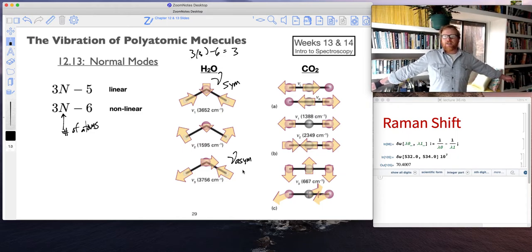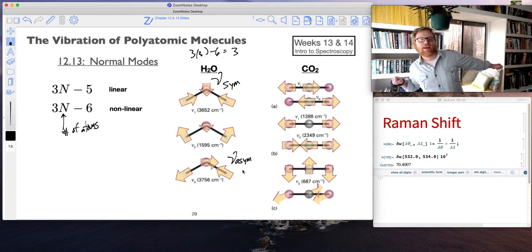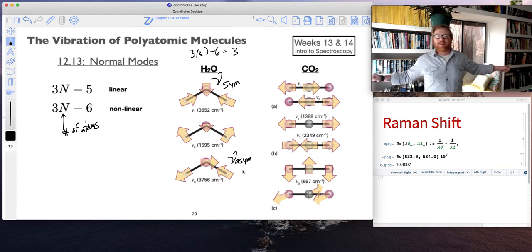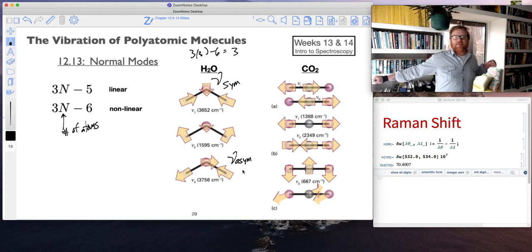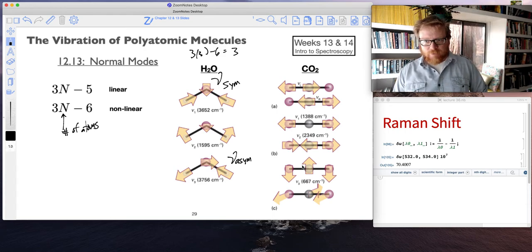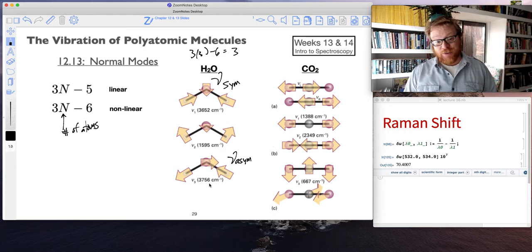My oxygen moves in like this with this hydrogen elongated, and then it alternates. I like to think of these as the interpretive chemistry dance moves. This is a nice asymmetric stretch, and it occurs at very similar energy as the symmetric stretch, 3756 wave number.